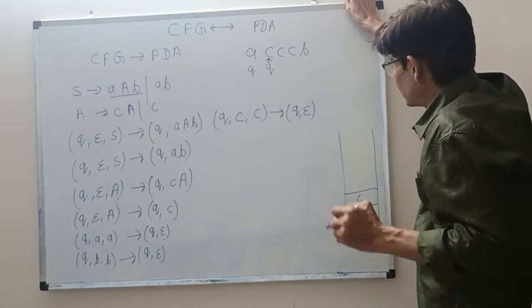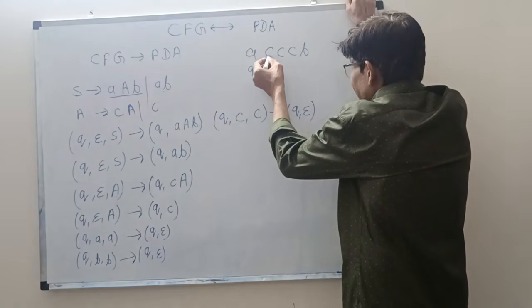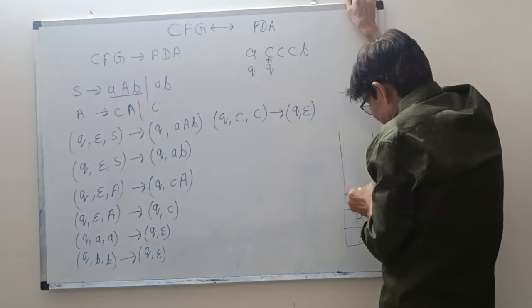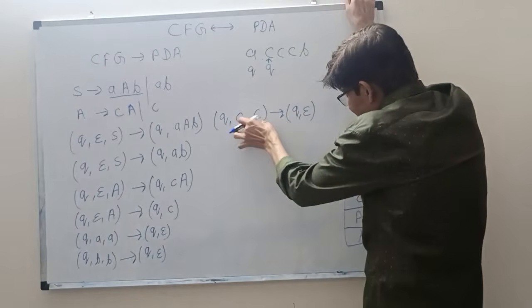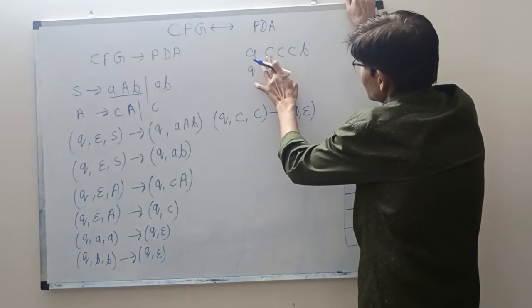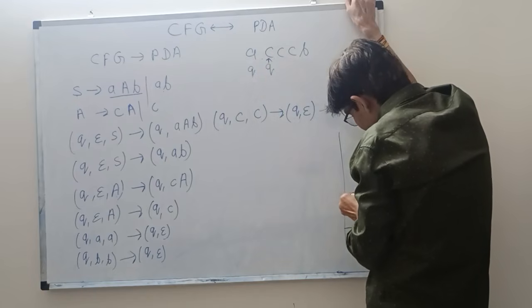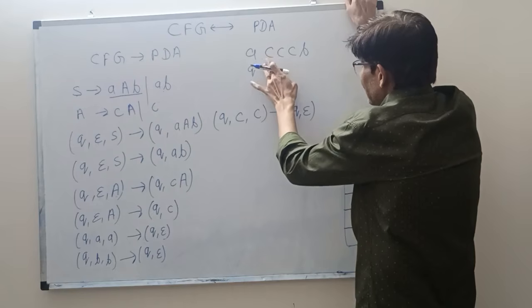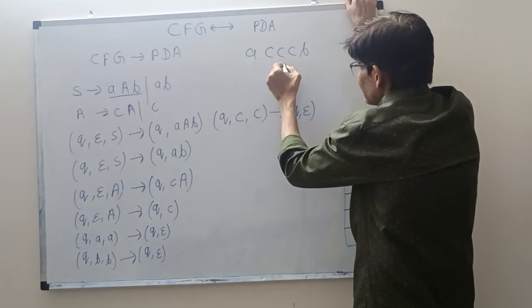Then I'm in q, I'm reading c, and small c is on the top of the stack. So according to this, I can pop this c from the stack. As I am popping one element from the stack, I can consume this input.